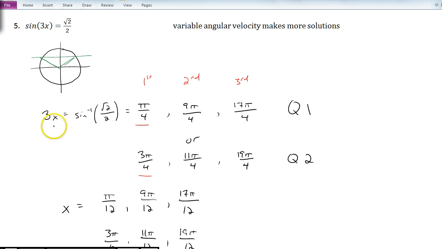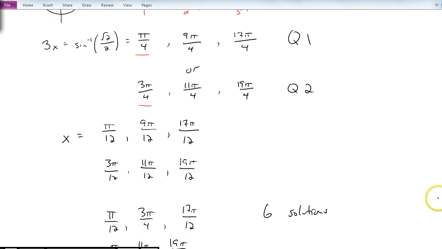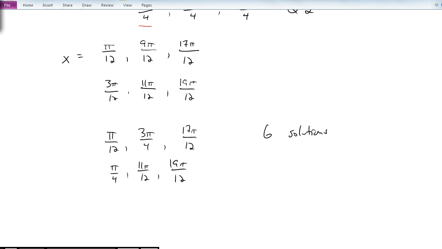And then when I solve for x, I'm essentially dividing both sides of this equation by 3. I'm dividing every single one of these angles by 3, which basically just changes their denominator to be 12. So that's all I did here, was change all the denominators to 12. And then lastly, I think these two can be simplified to 3 pi over 4 and pi over 4. And I have 6 solutions.